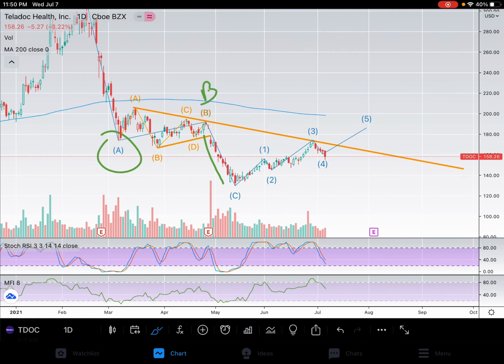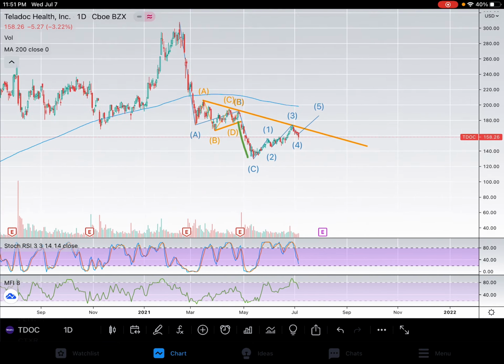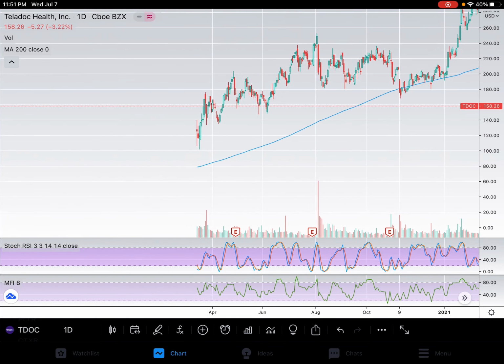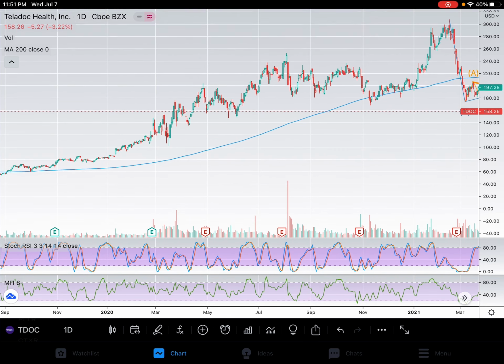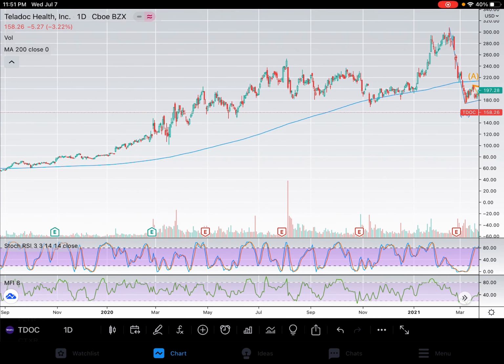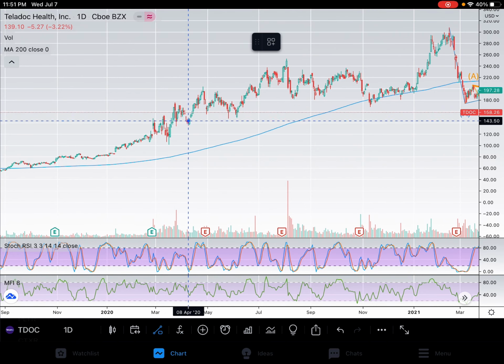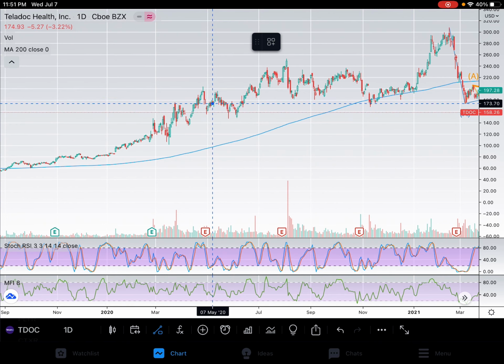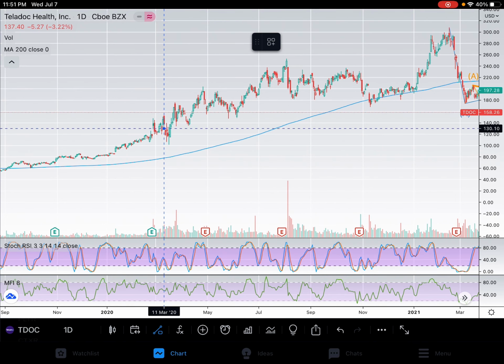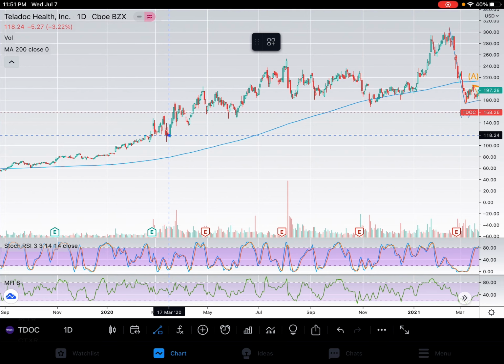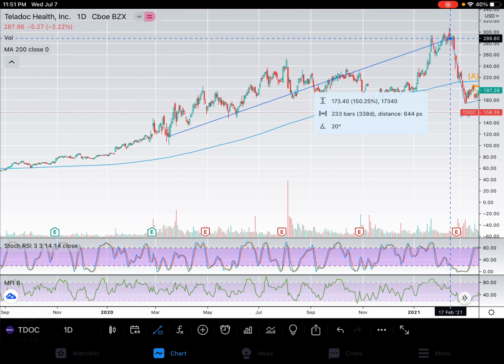which, I think Tdoc went parabolic last year in 2020. So the pullback was definitely warranted. I mean, let's see. Yeah, it went from the crash in March, let's just say here to here.